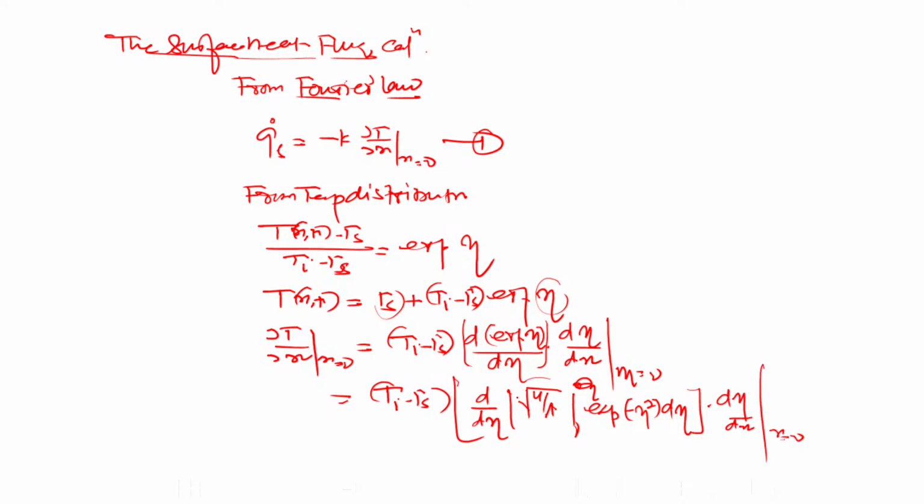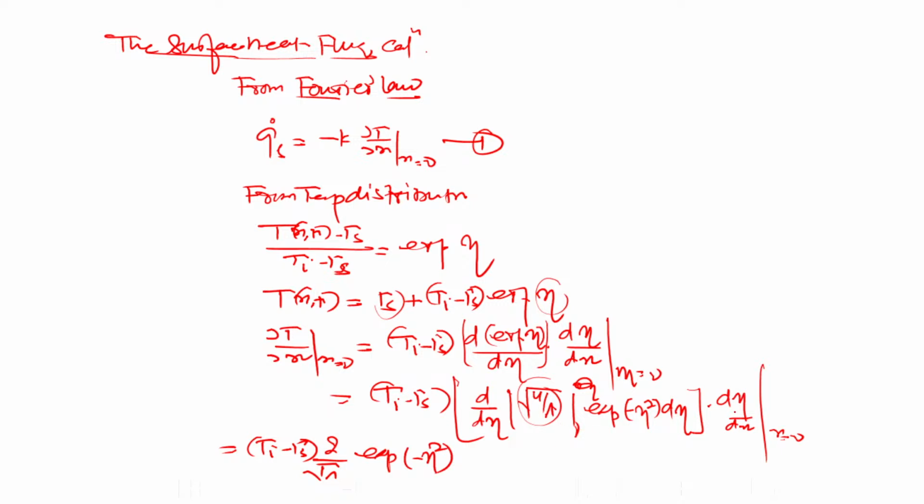So first of all, this is a constant, you can take it outside. Ti minus Ts into 2 by root pi will be outside, and the integration and differentiation will cancel out. It is simply found to be exponential minus eta square.